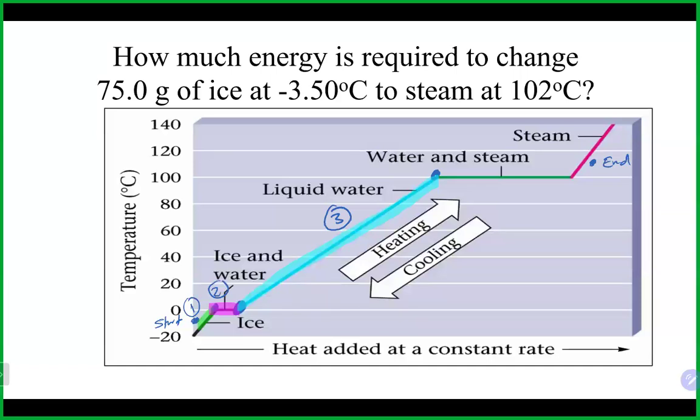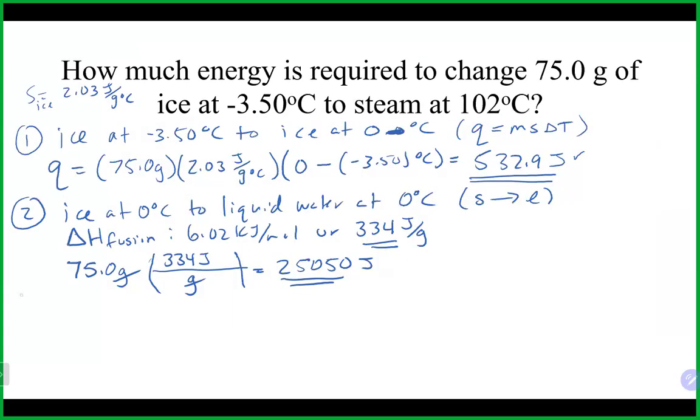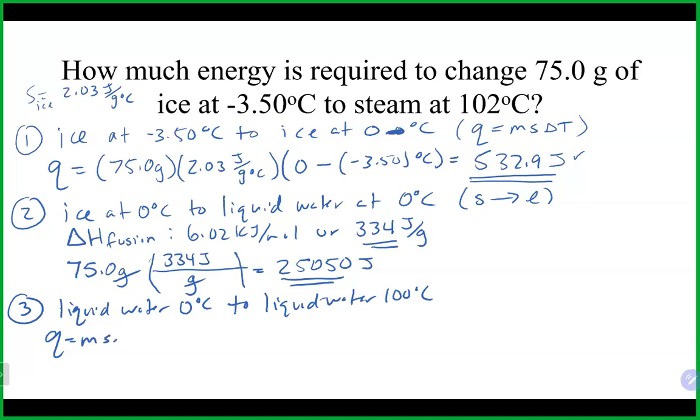So again, anytime the phase stays the same and the temperature is changing, that is our specific heat capacity equation. So we will do that. We're going to now take it from liquid water at 0 degrees Celsius to liquid water at 100 degrees Celsius. So that's going to be our Q is equal to m s delta T. We still have our 75 grams, now of liquid water.